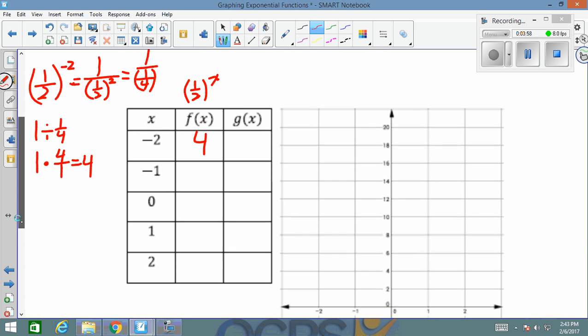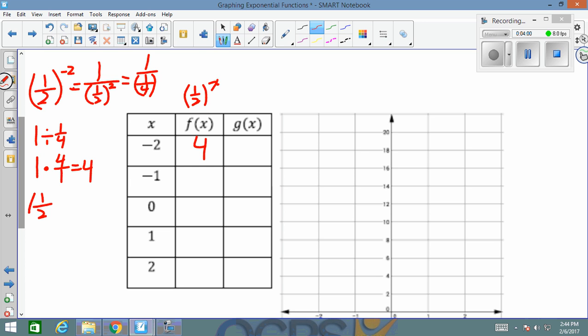For 1/2 to the negative first, it's the same as 1 over 1/2. Well, that's going to be 1 divided by 1/2, which would be 1 times 2 over 1. So this would be 2. Remember that anything to the 0 power is 1. This would come out as 1/2, and then this would come out as 1/4.